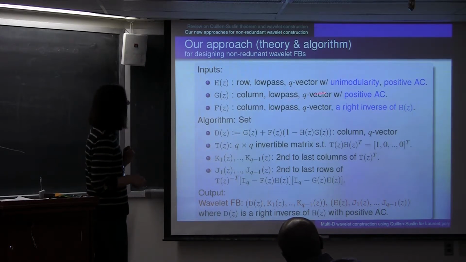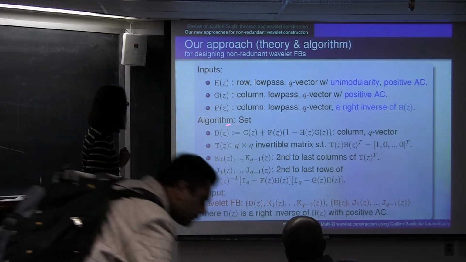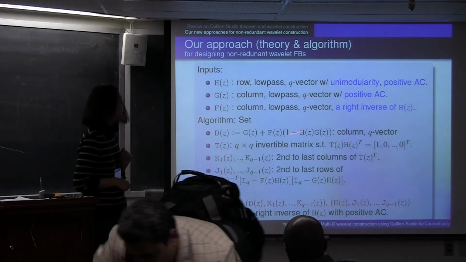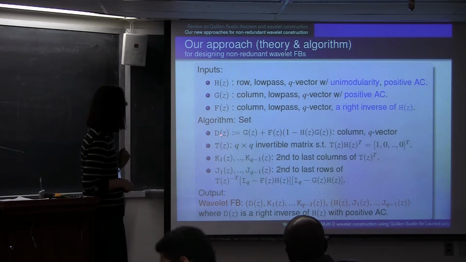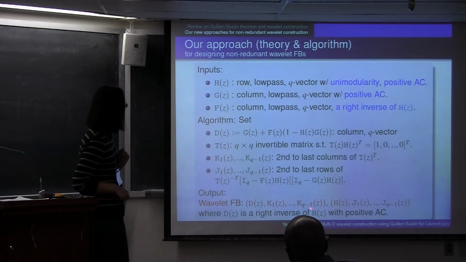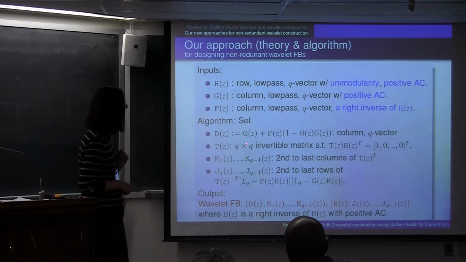So using this, if you set D of Z to be this one, you can show that this is a right inverse of H of Z. Meaning, if you multiply H of Z, you get 1. That's easy.